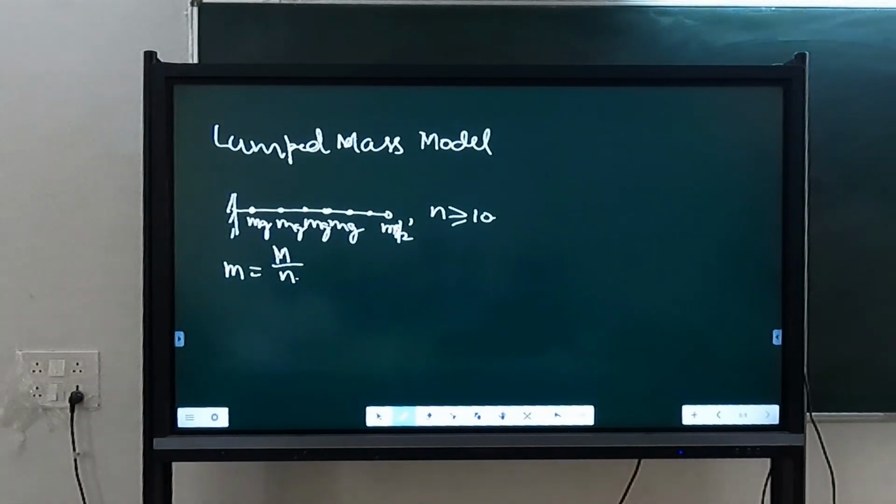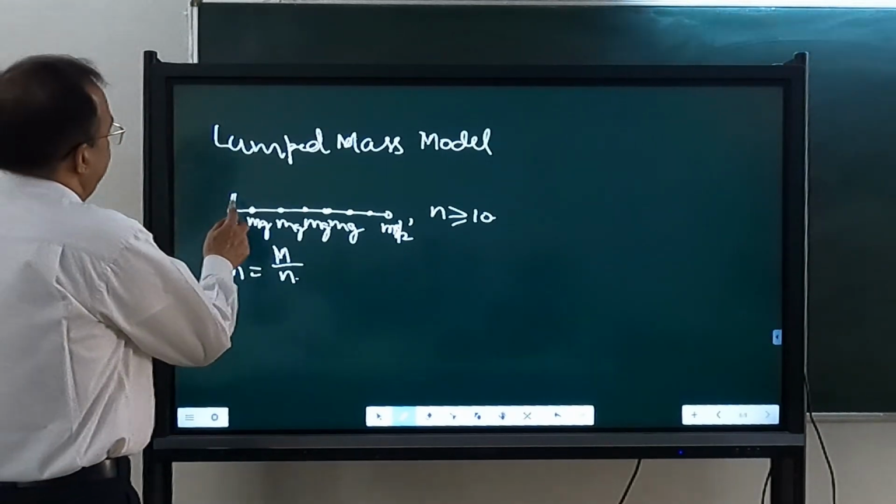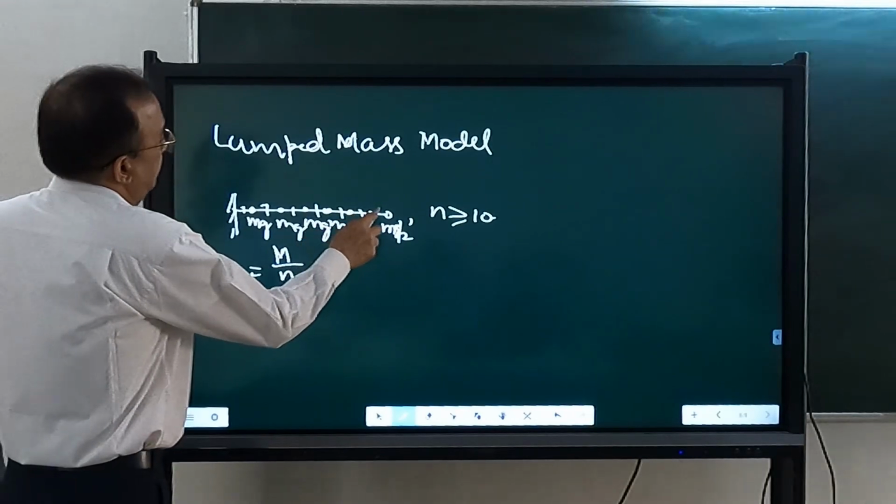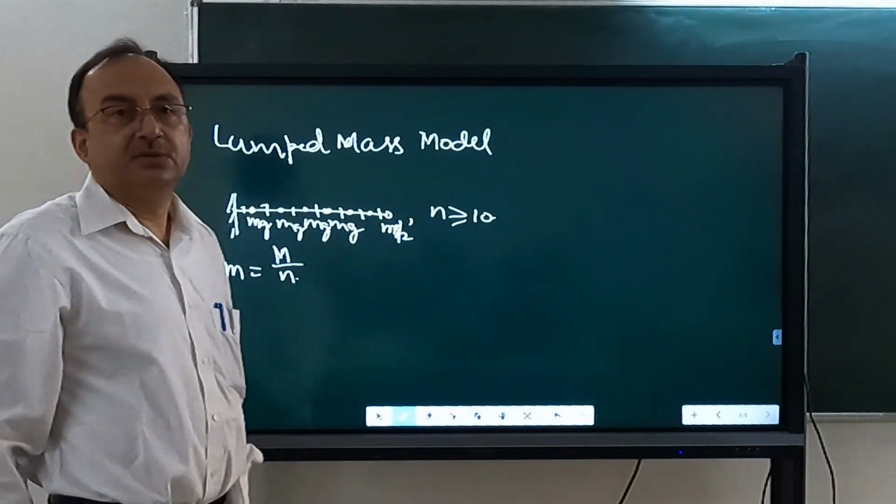The topmost point will have only half, because it carries lumped mass from only one side. So that's why we are considering it.